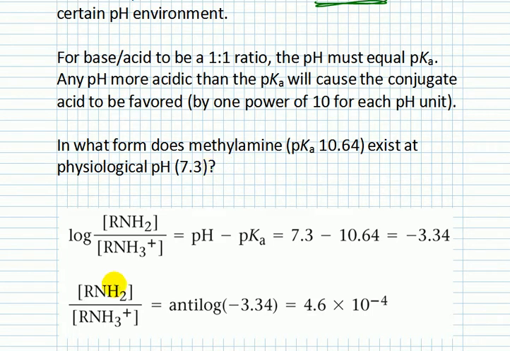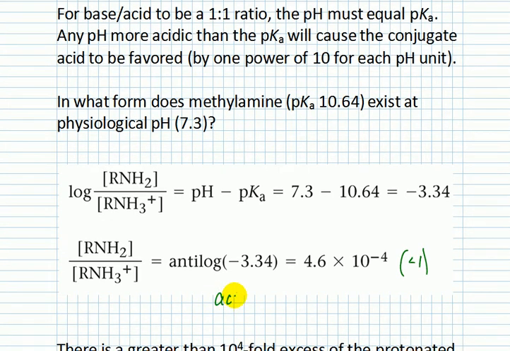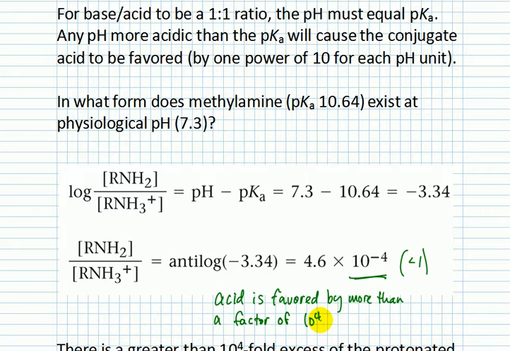That means the ratio of base to acid will be some number less than 1, which means the acid is favored by more than a factor of 10 to the 4. And that's the case for any amine whose pKa is greater than 7.3.